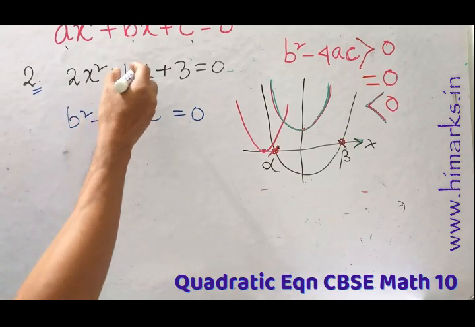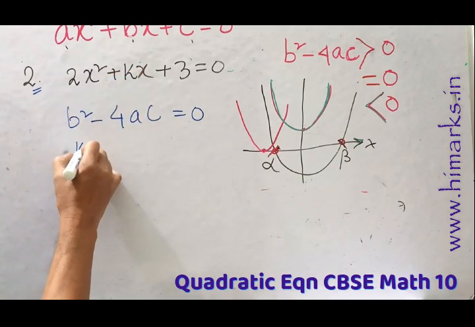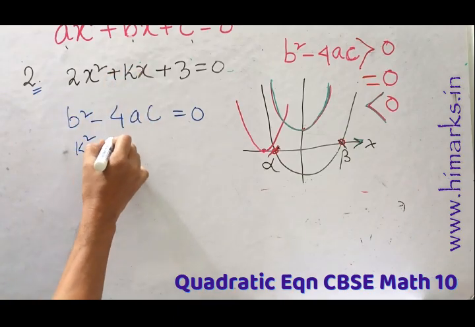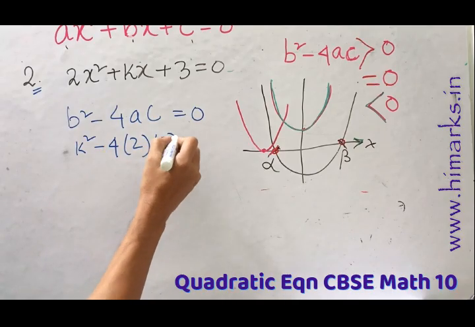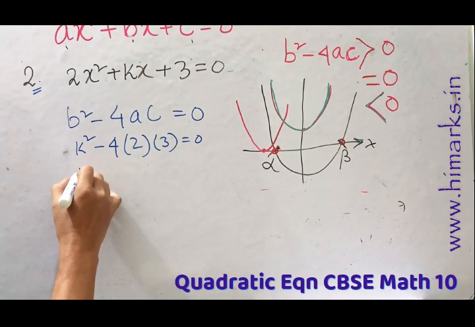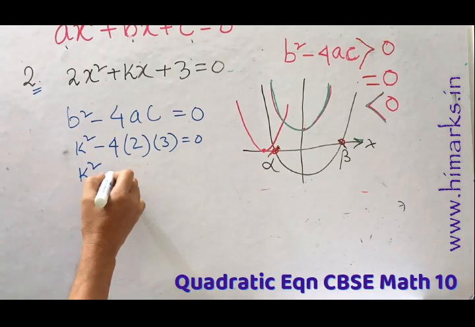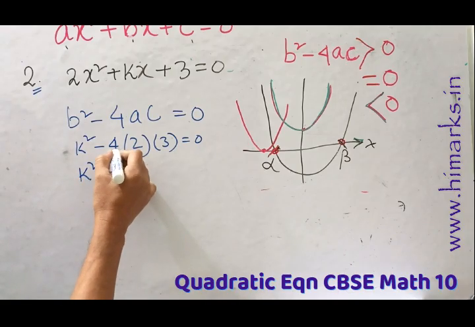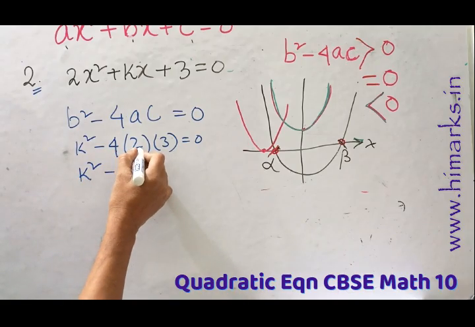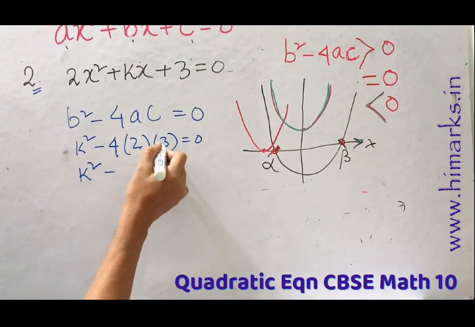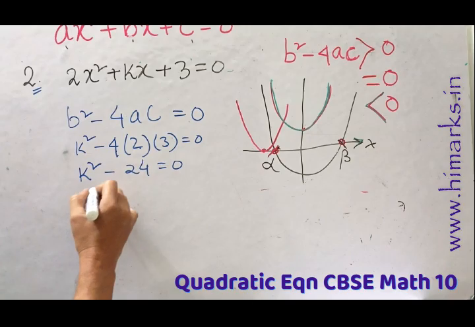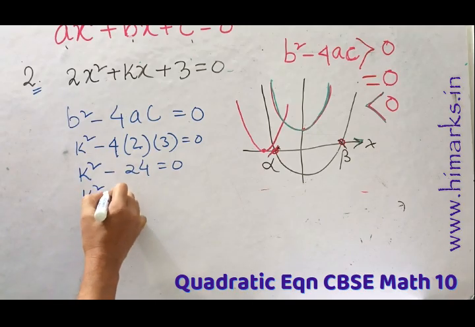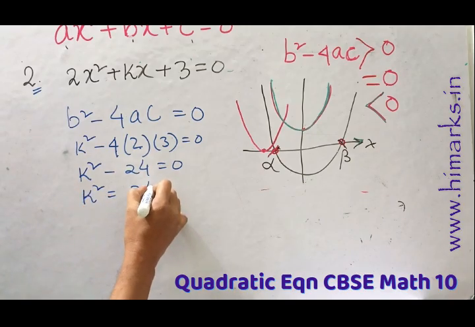So in that case, b is k, k square minus 4 times a, which is 2, times c, which is 3, equal to 0. So that means k square minus 4 times 8, times 3, is 24, equal to 0. So k square is 24.